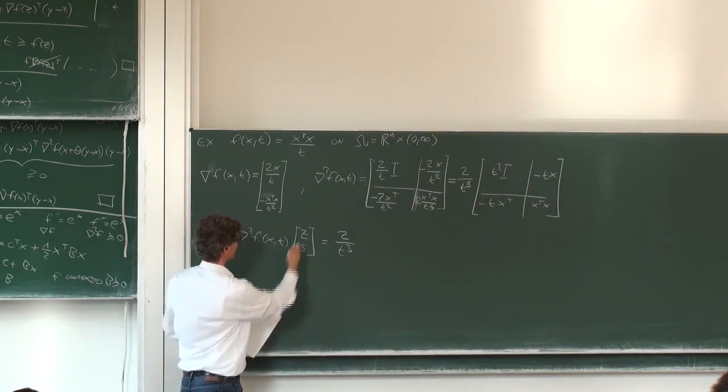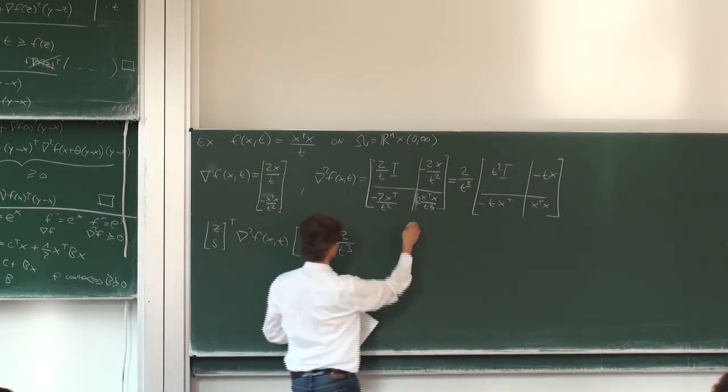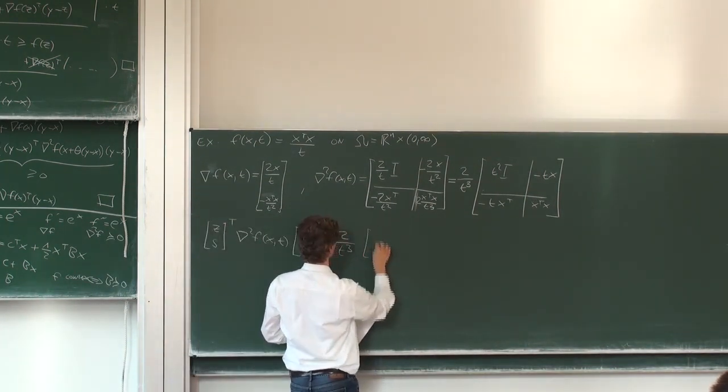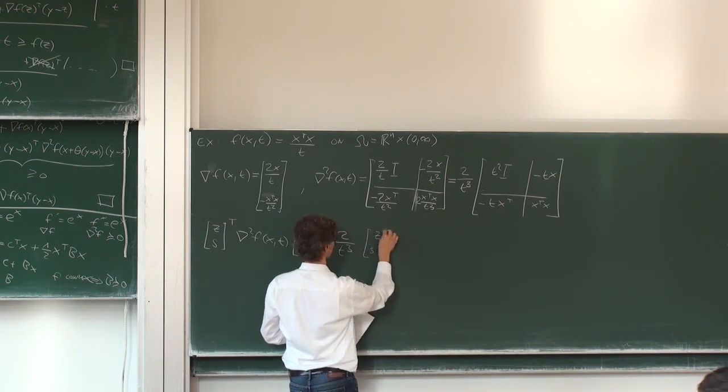Maybe I take first the product of this whole vector with this matrix, and I have actually z divided by s, or not divided by, but here.